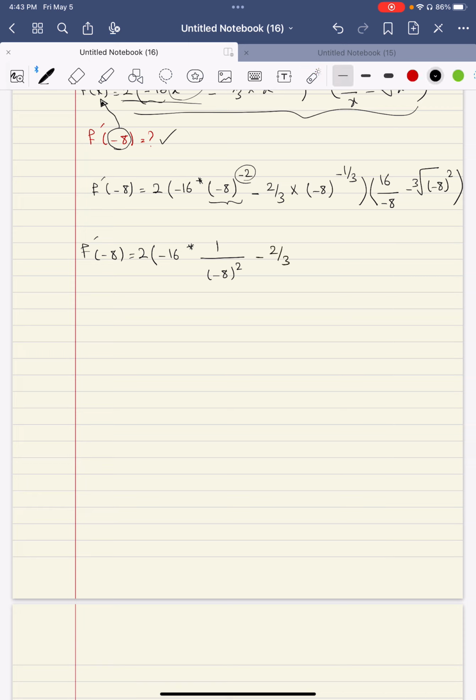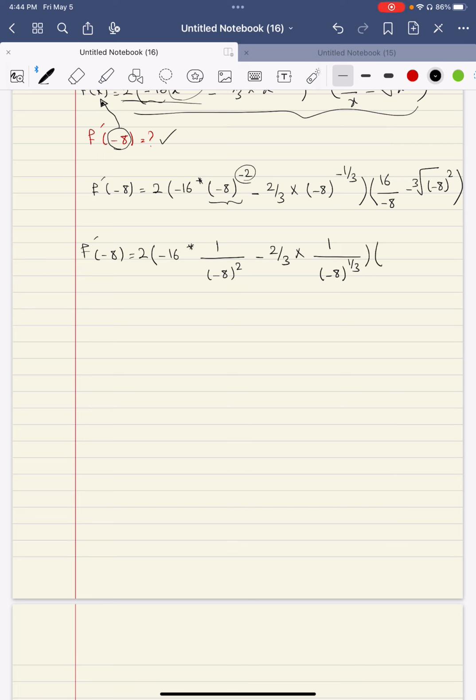Minus 2 over 3 times, in here we have negative 1 over 3 as the power. So we can write it as 1 over negative 8 to the power of 1 over 3, right? I made the negative 1 over 3 power a positive power, and I changed the term to 1 over this thing.